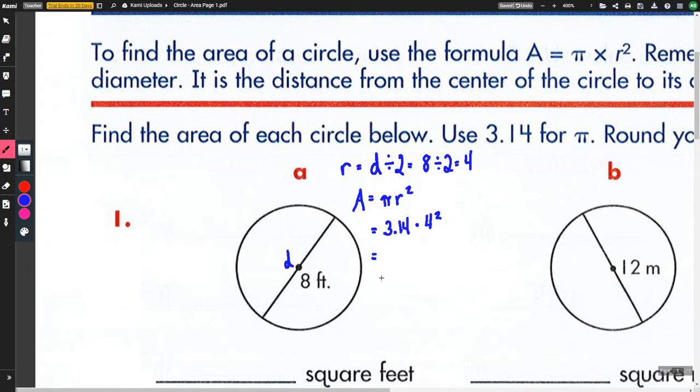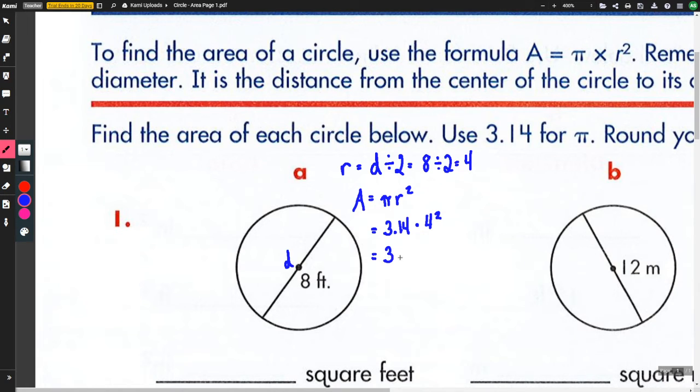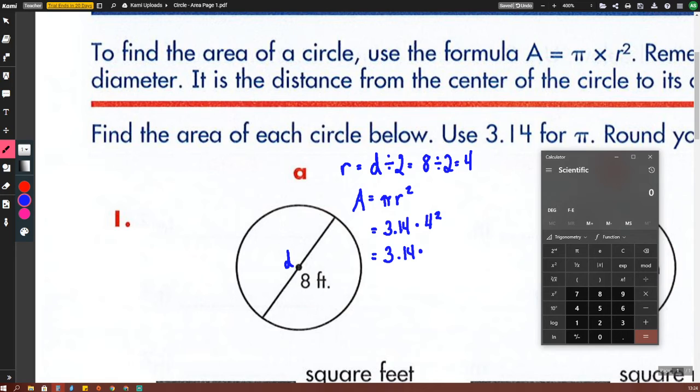So I'm going to get my fancy dancy calculator and plug this in. I can either do 4 squared first, but my calculator is a scientific calculator, so I don't need to do that. But if you do not have a scientific calculator like I do, you're going to do 3.14 times, and you're going to find out what 4 squared is first by clicking 4 and clicking this button that says x with a little 2, the exponent 2, to find out it's 16.